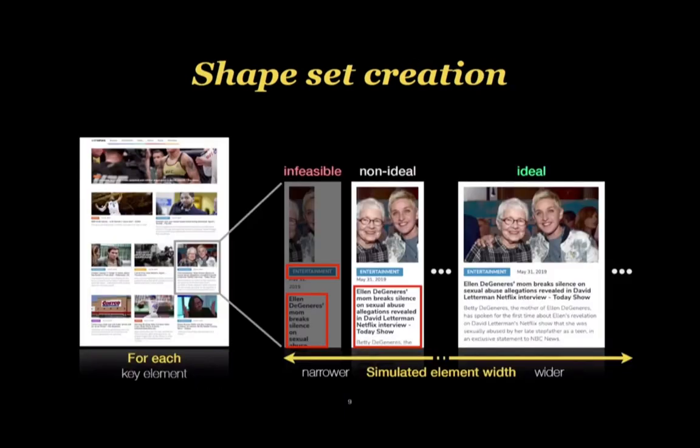The first major extension is the creation of responsive shapesets. Here we identify the key elements of the layout, and then we simulate each of these elements in different sizes. Based on this simulation, we can then label these elements as infeasible, non-ideal, or ideal. These labels are then utilized by the optimizer when it is trying to generate the final designs.